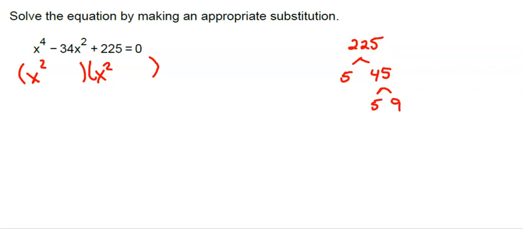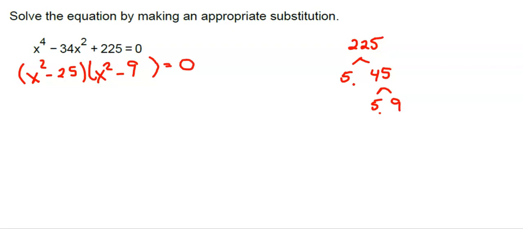I could go a little further with that, but I think I'm going to stop because I'm noticing 5 times 5 is 25. And I know that 25 plus 9 is 34. So what if I make this x squared minus 25 times x squared minus 9? Negative 25 times negative 9 would give me the 225, and negative 25x squared plus negative 9x squared would give me the negative 34x squared. So yeah, that's it.